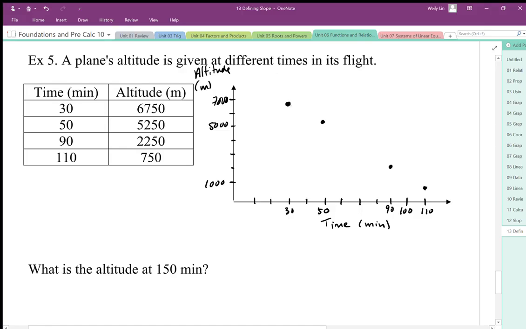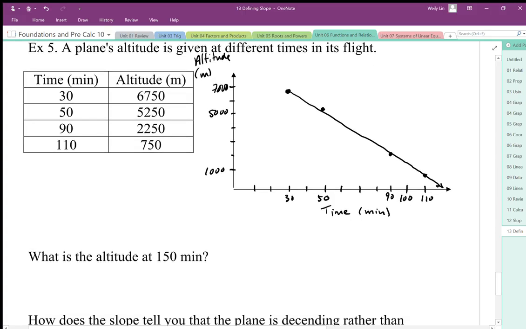So my linear pattern is going down in a straight line, kind of like that, and eventually it's going to hit the ground or land. So what is the altitude at 150 minutes? Well, I can use my slope as my progression because it's my rate.